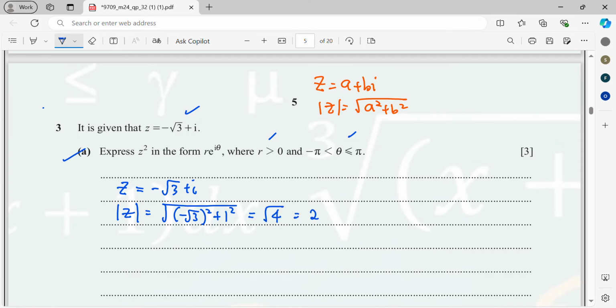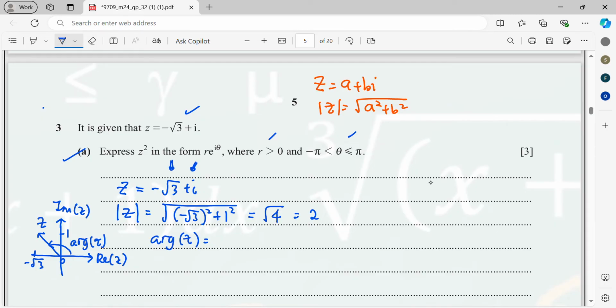Now for the argument we need to draw the Argand diagram. So now your x or real part is negative root 3. Imaginary part is 1 because it's 1i, positive. So this is my complex number. Now our argument is counted from the positive x-axis. This is our imaginary axis, and here is the real axis. Now from here, I can form a right angle triangle.